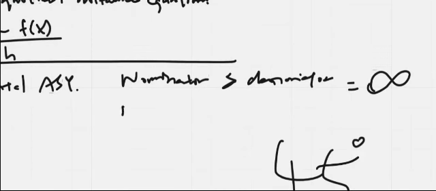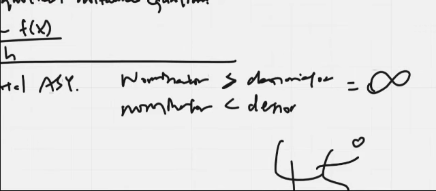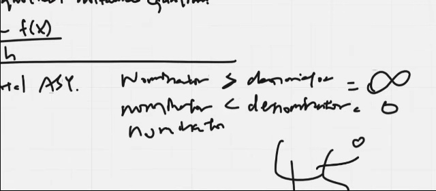If the power of the numerator is greater than the denominator, there is no horizontal asymptote, as it goes to positive infinity. And if they're the same, it will be the ratio of them.